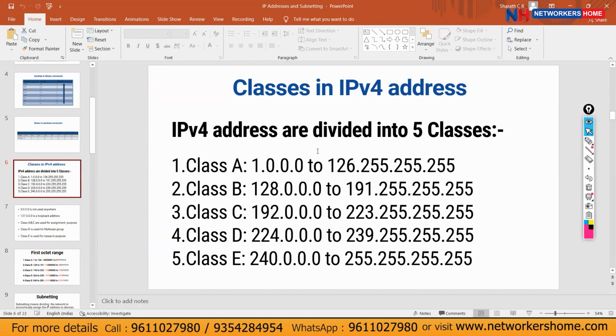Class A ranges from 1.0.0.0 to 126.255.255.255. Class B ranges from 128.0.0.0 to 191.255.255.255. Class C ranges from 192.0.0.0 to 223.255.255.255.